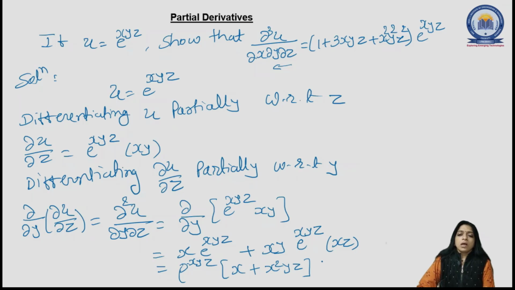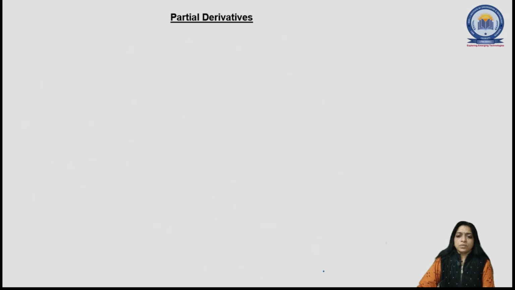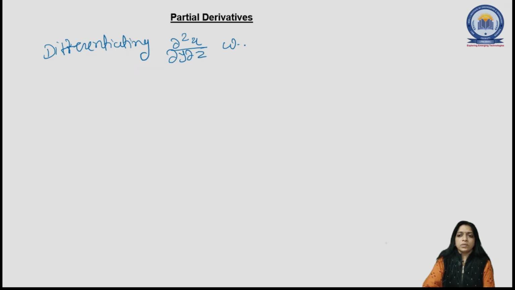Now I am going to the partial derivative with respect to x. Okay, so differentiating del square u upon del y del z with respect to x.